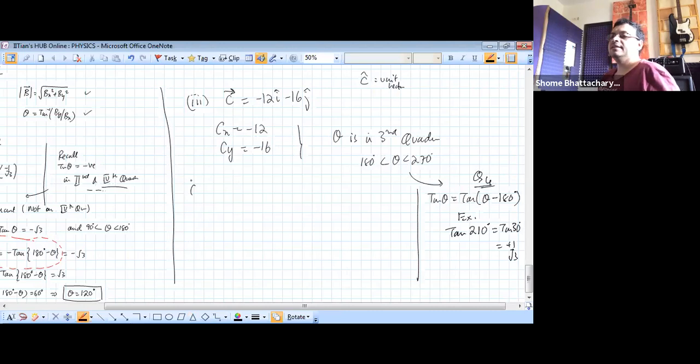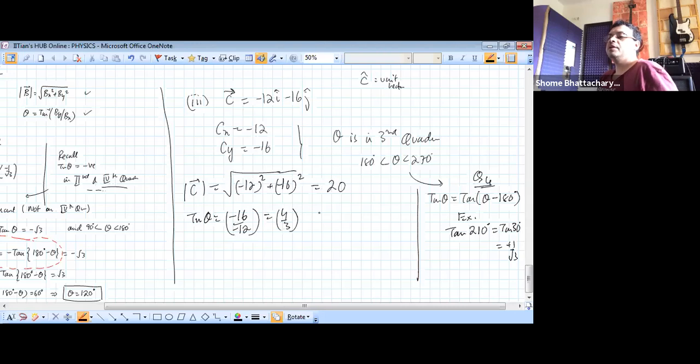So anyway, coming back here, magnitude of C just becomes 20. But we can also see that tan theta is minus 16 by minus 12, so that is 4 by 3. But theta is in quadrant 3, so we have to understand that tan theta will be the same as tan of theta minus 180, which is 4 by 3.